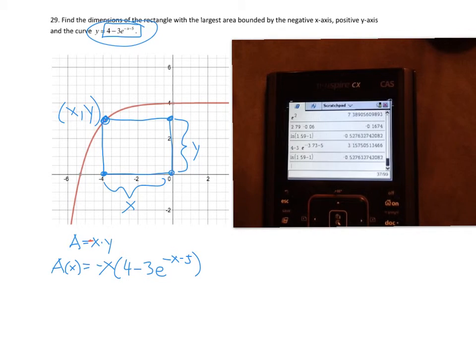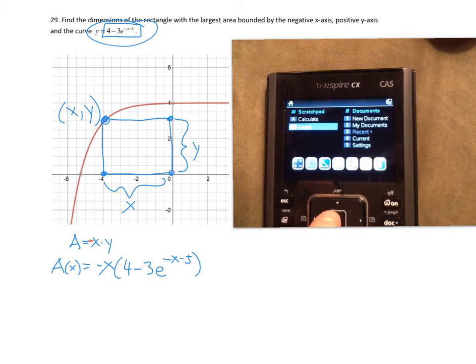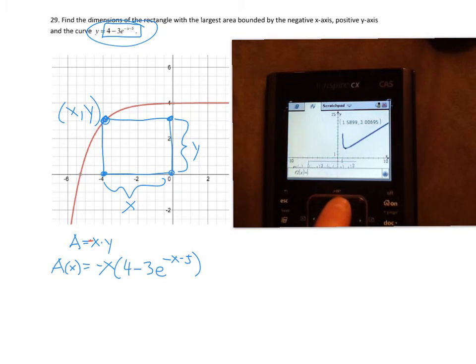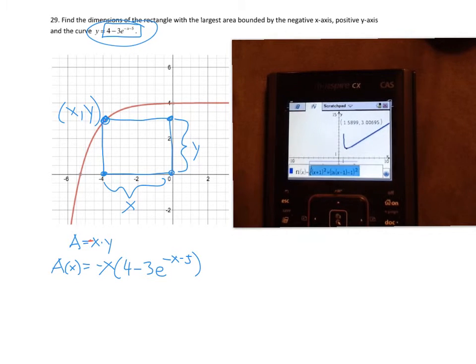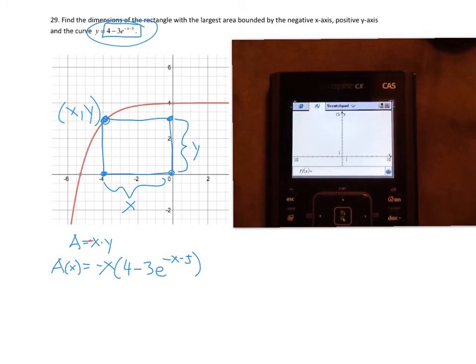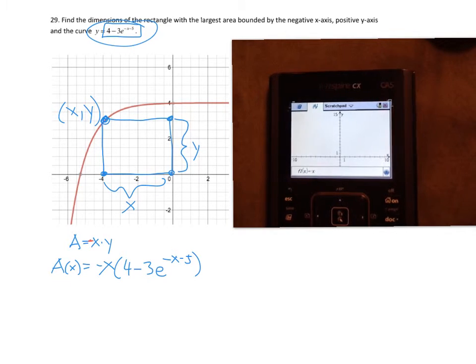So we go to graph. Again, I need to delete my last problem. And I hit tab and enter my area function, which is negative x times parenthesis 4 minus 3e to the negative x minus 5.